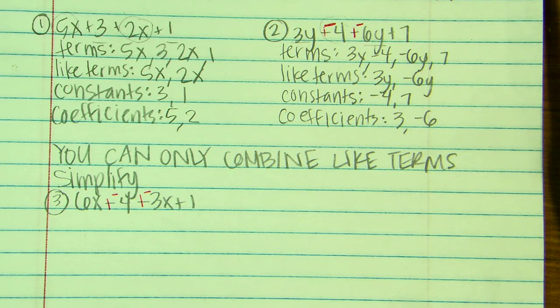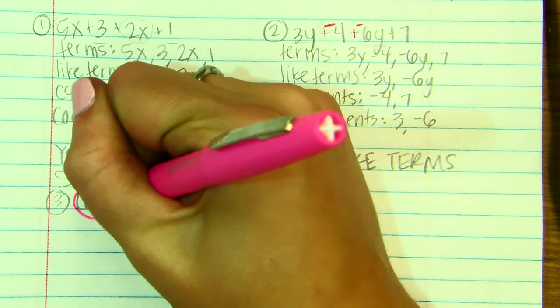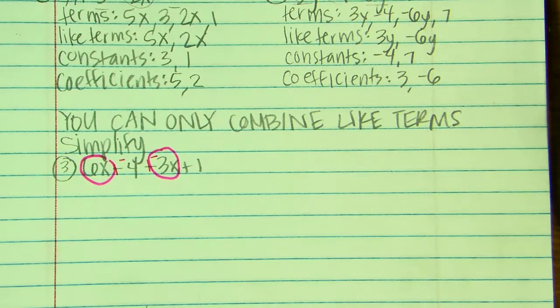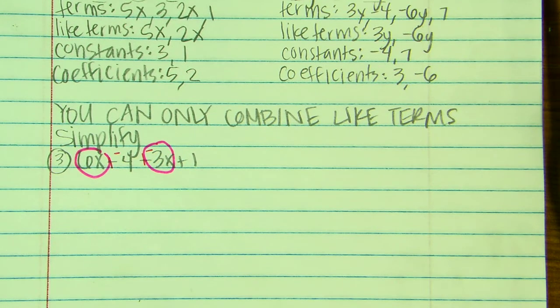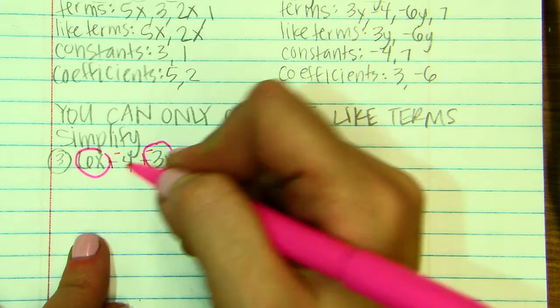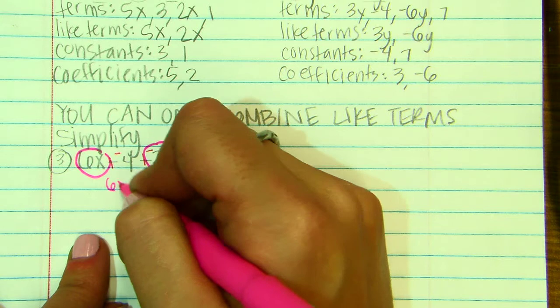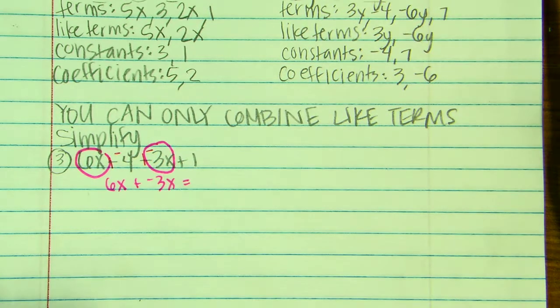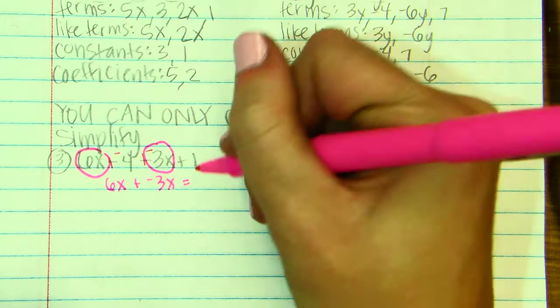So I know that 6x and negative 3x are like terms because they both have the same variable with the same exponent. So I can add those two. So I can do 6x plus negative 3x. And 6x plus negative 3x is positive 3x.